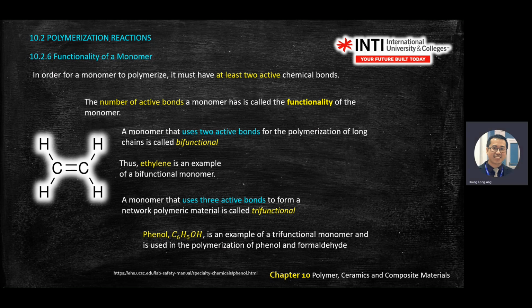I have 6 carbon and 5 hydrogen. So I will draw the C first: 1, 2, 3, 4, 5, 6. I know that each carbon has 4 free electrons.